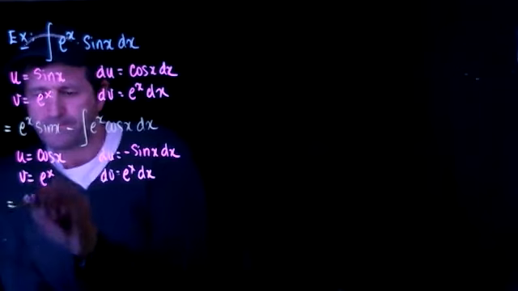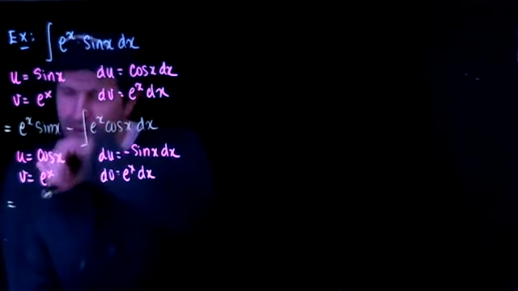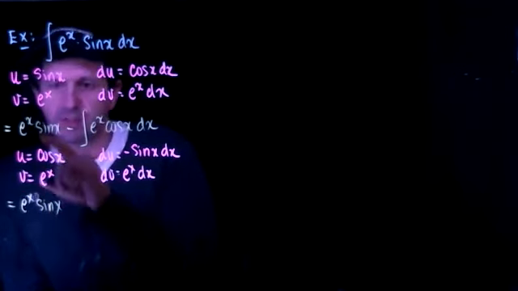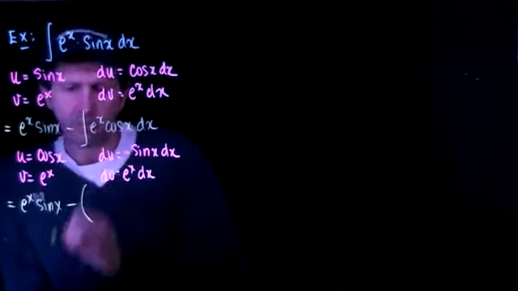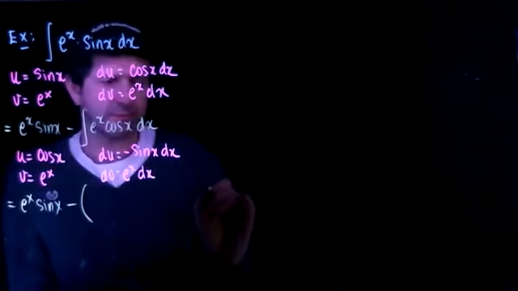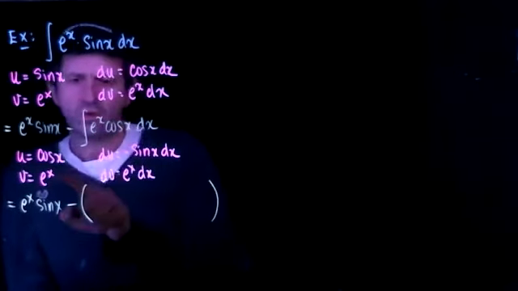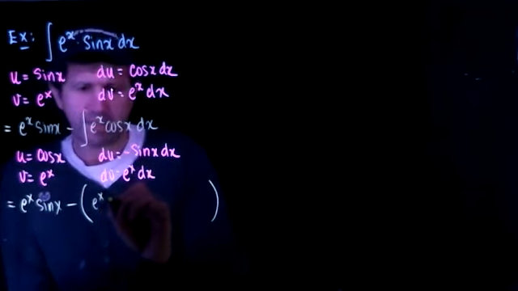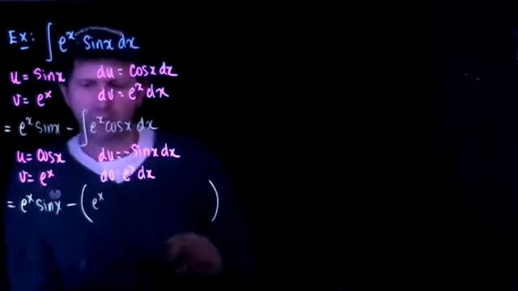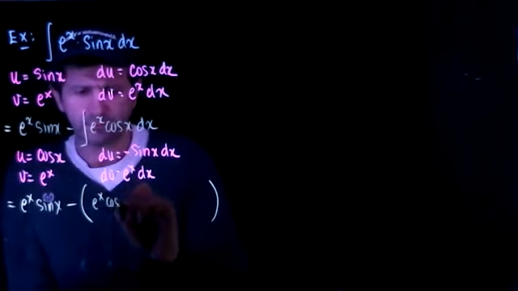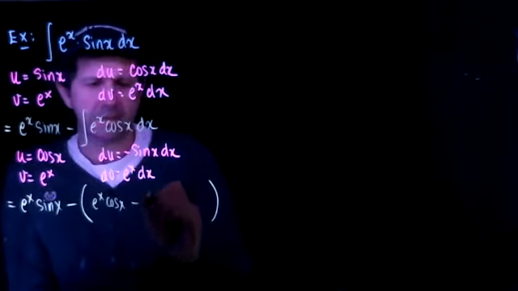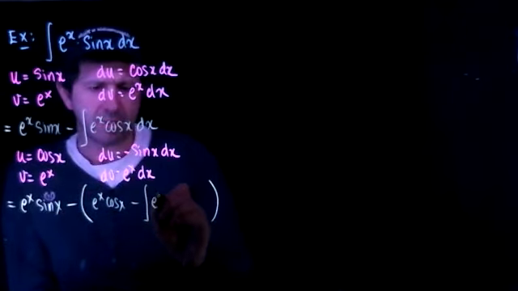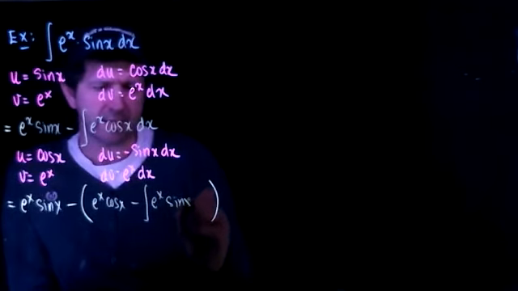Let's go. So it's e to the x sine x, which is this term, which is still here, minus, and now I'm going to do by parts for this one. uv, which is e to the x times cos x, minus the integral of v du, which is e to the x times negative sine x dx.